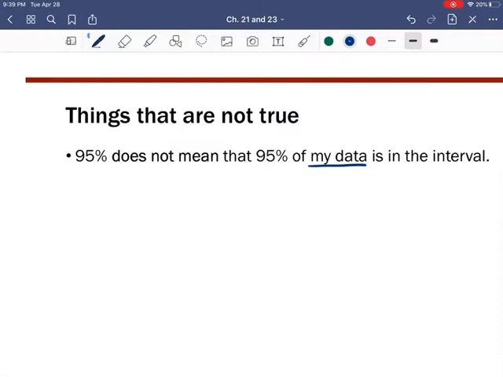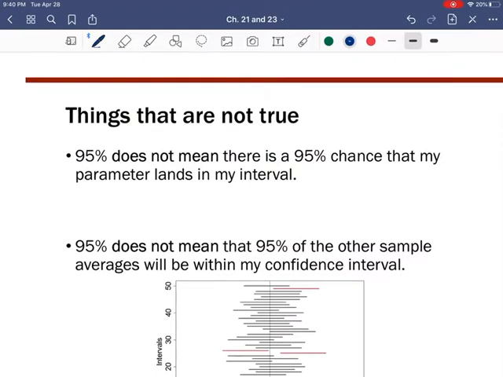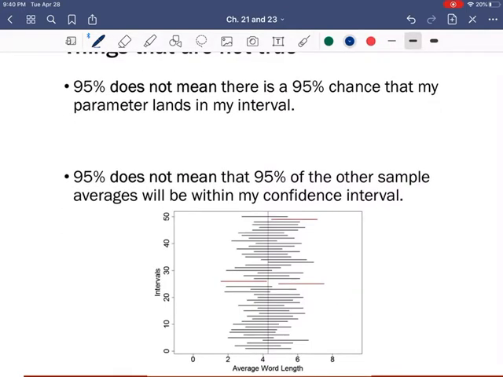That's referring to your data. So the 95% is taking your data information and using it to make a general statement about all data. That's why it has to be large and random, otherwise it's going to be biased. So the 95% is not referring to your data.